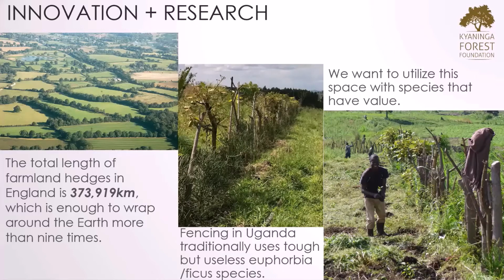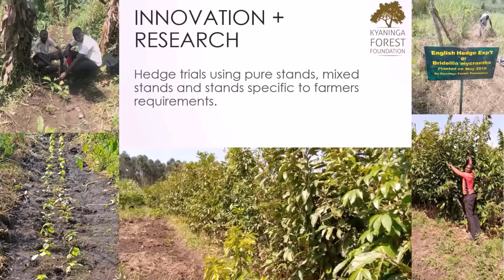So we're trying to utilize this space and come up with ways of redoing these borders so that they contain useful species, either fruit trees, timber trees, fodder trees, medicinal trees. And so we conduct experiments with Mountains of the Moon University, one of the local universities here in Fort Portal, to see which trees will tolerate such environments, such pruning, and such management.